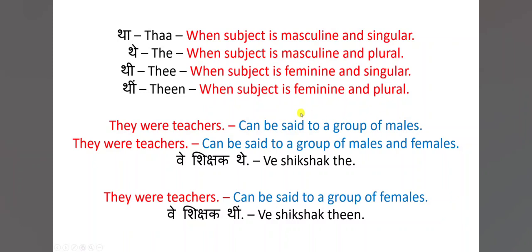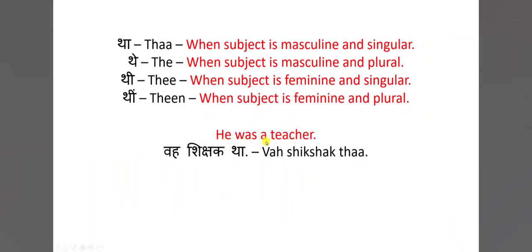Okay. Next, he was a teacher. वह शिक्षक था. वह is he, शिक्षक is teacher, था is was. Since subject is masculine and singular, tha is selected for was.